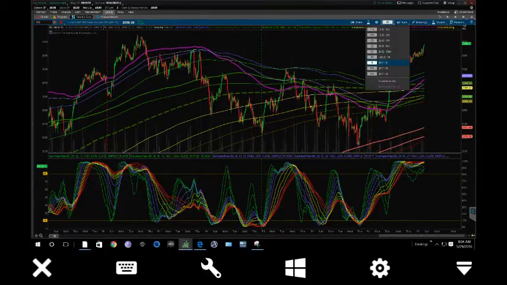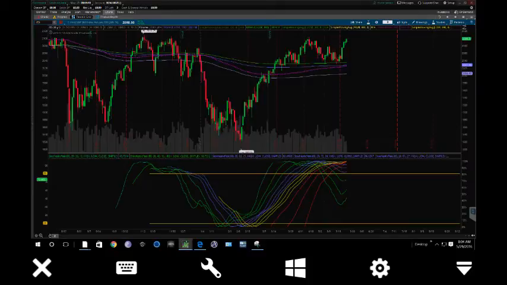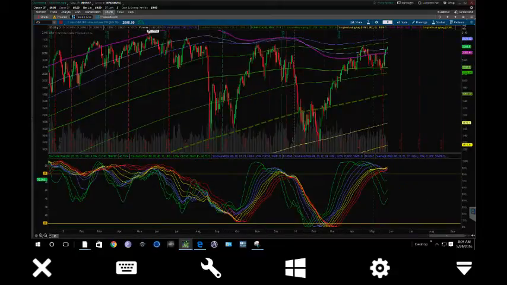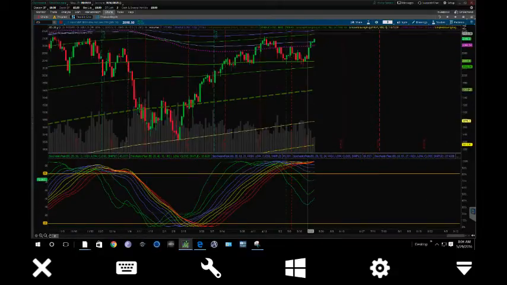Let's look at the daily real quick. Now on the daily, we got a couple more lines up here above. Let me zoom in. This is, I think, gonna be the first tag here. It's 21, and actually this one's at 21.11, I believe.